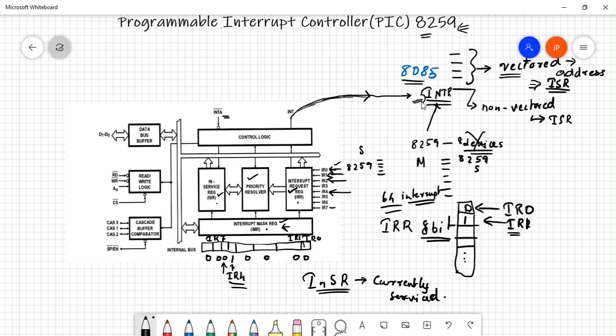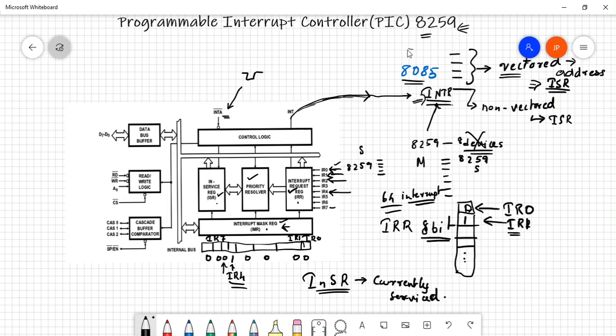So the INTR pin may be serviced or may not be serviced, depending upon whether any other interrupts of higher priority are being serviced currently. The moment 8085 is ready to service the INTR pin, it gives an acknowledge signal, INTA, interrupt acknowledge, to this particular pin.